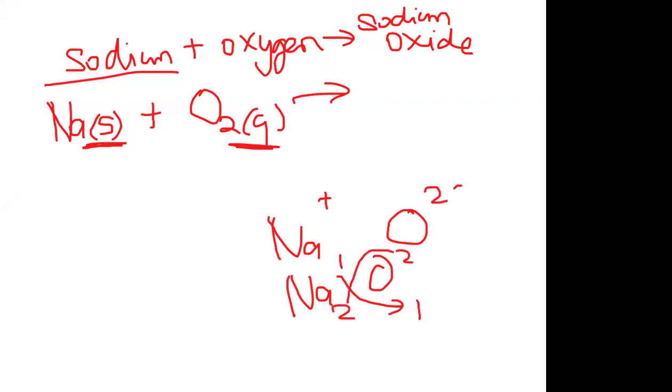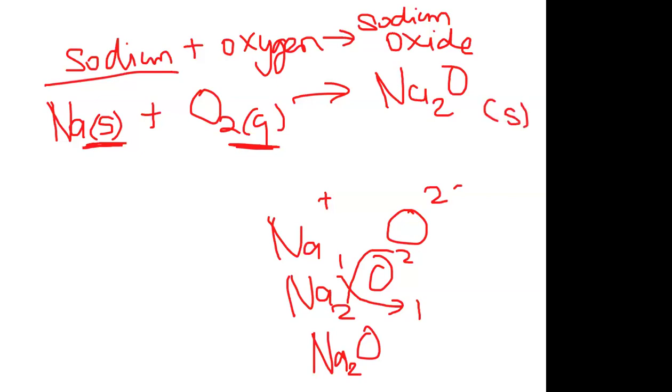I practice the formula writing technique. So my formula is Na2O. I will write Na2O right here. Clear? Metal oxides are solid. So I go right there and put a solid.